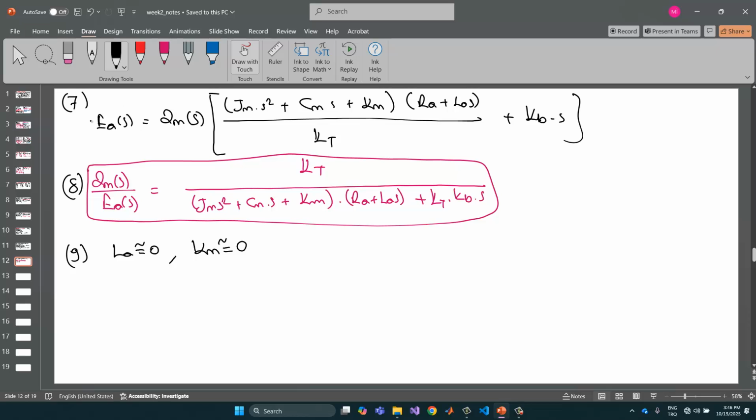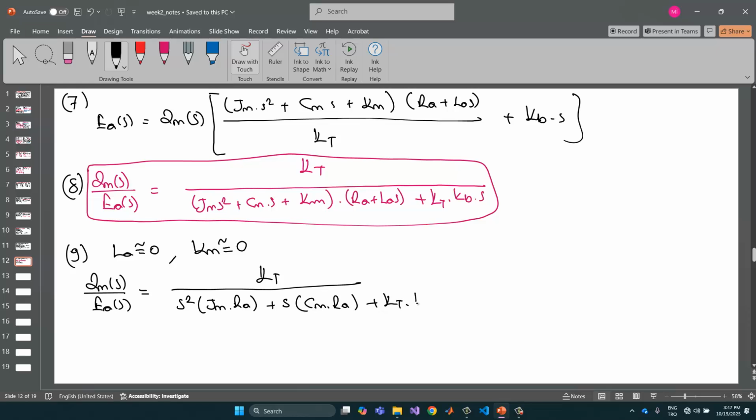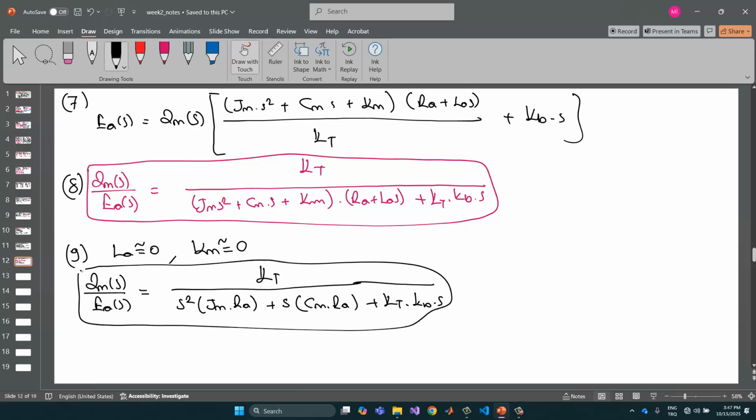If this is the case, we can rewrite this equation: θm(s) over Ea(s) is equal to Kt divided by (s square Jm Ra plus s Cm Ra plus Kt Kb s). Okay? This is the formula of these terms right now.